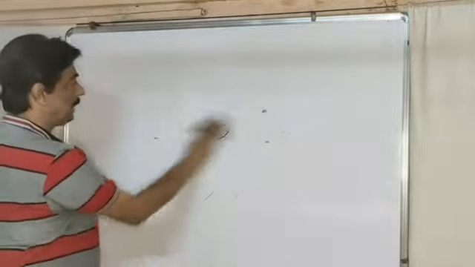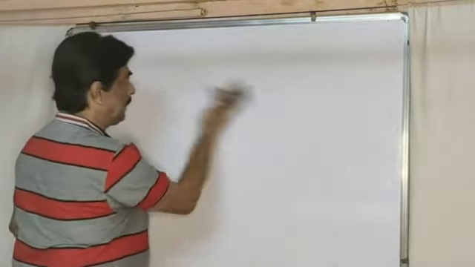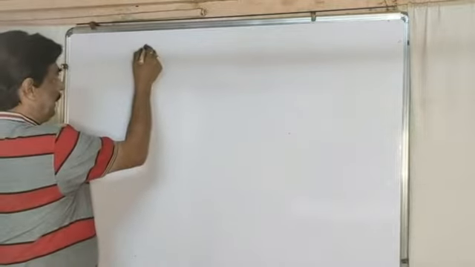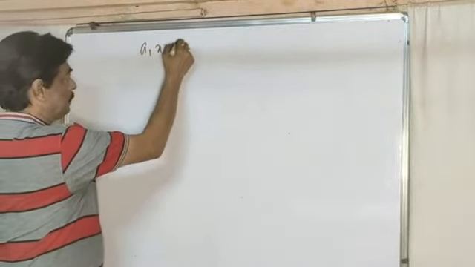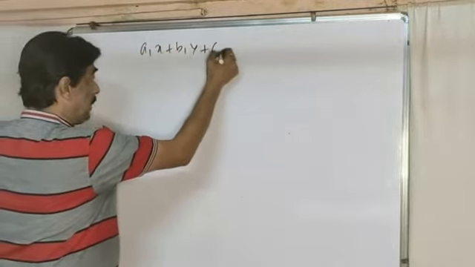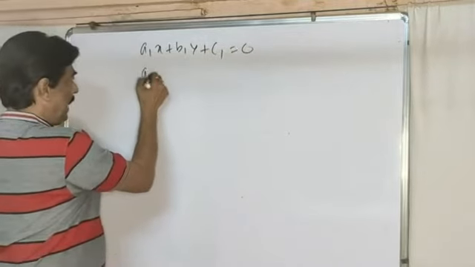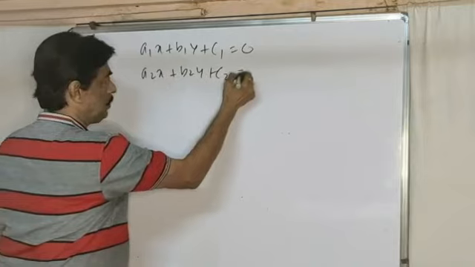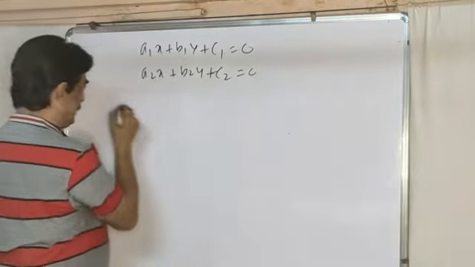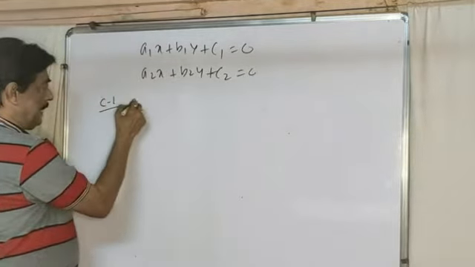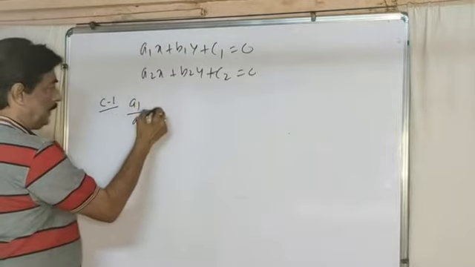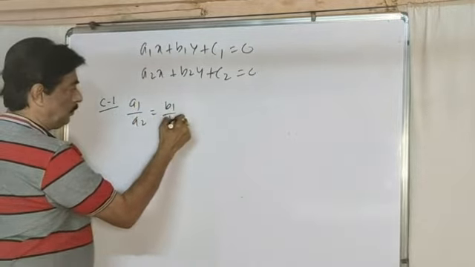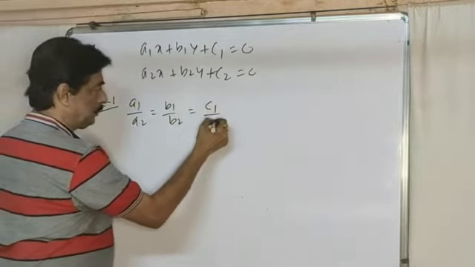There are two lines. Very, very important theory. There are two lines, a1x plus b1y plus c1 equal to 0 and a2x plus b2y plus c2 equal to 0. There are four cases. Case 1: a1 by a2 equal to b1 by b2 equal to c1 by c2.